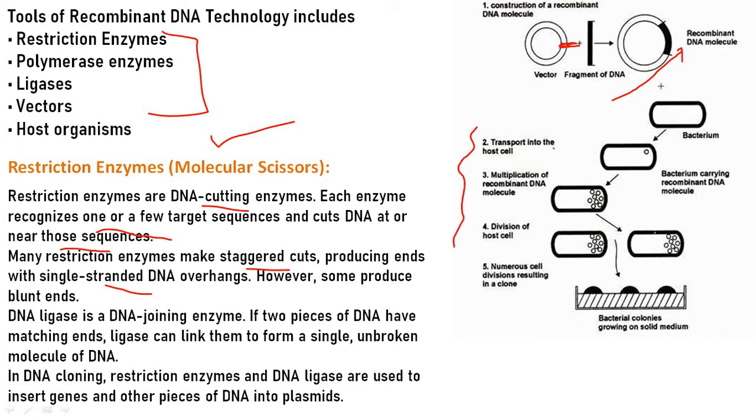That is, the bacterium was there, then it is transferred to a host cell, then the bacterium carrying this recombinant plasmid or DNA, and multiplication of the recombinant molecule takes place within the host. Here it is bacteria or E. coli. The division of the host cell takes place, as you can see, numerous divisions resulting in a clone. Clone means similar type of colonies, bacterial colonies growing on a solid medium or agar.